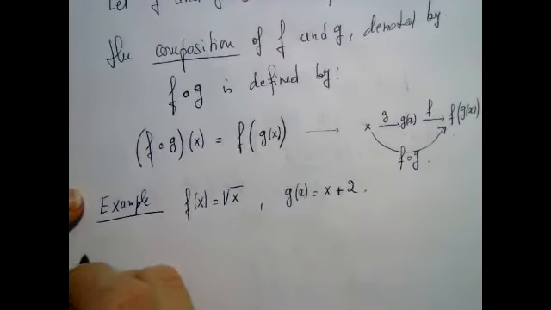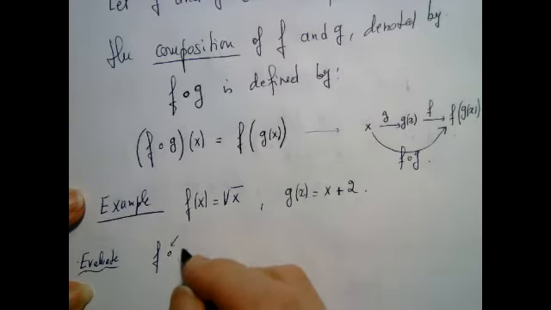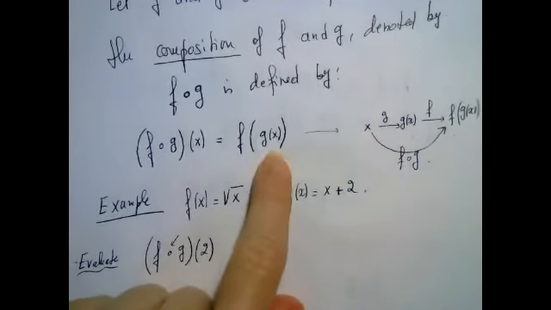So question number 1 is, I want you to evaluate, or we're going to do this together, f composed, that's a circle, be careful, that's a circle, of g, f composed with g of 2, for example. What does this mean? How do we evaluate this? We follow the definition verbatim.